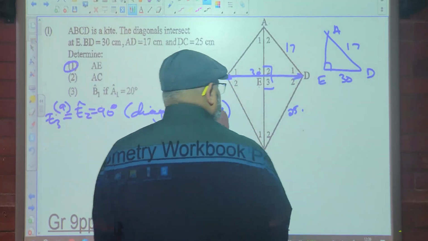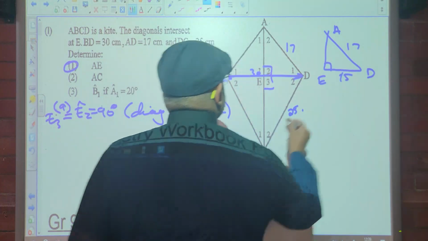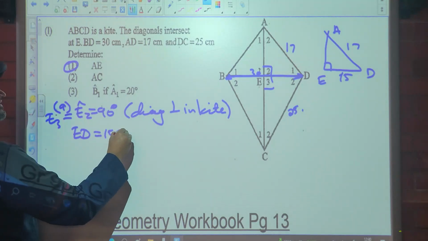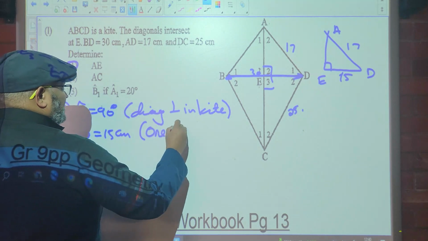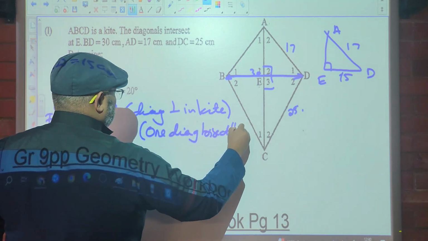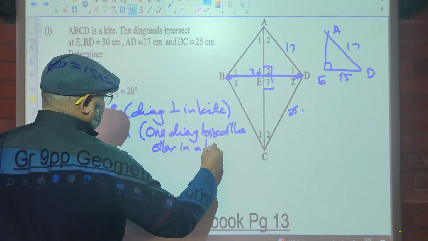I have to first say that ED is 15. Why is ED 15? Because one diagonal bisects the other in a kite.